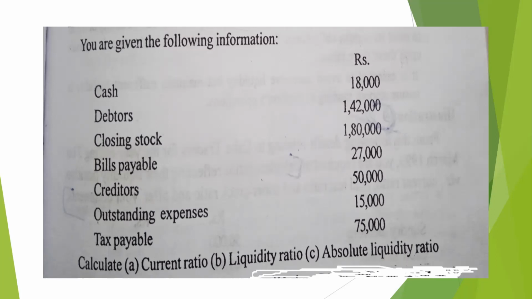There are three items in the list of current assets. The next, bills payable is a current liability, creditors is a current liability, outstanding expenses is a current liability, and tax payable is a current liability. So there are four items listed under the current liability.